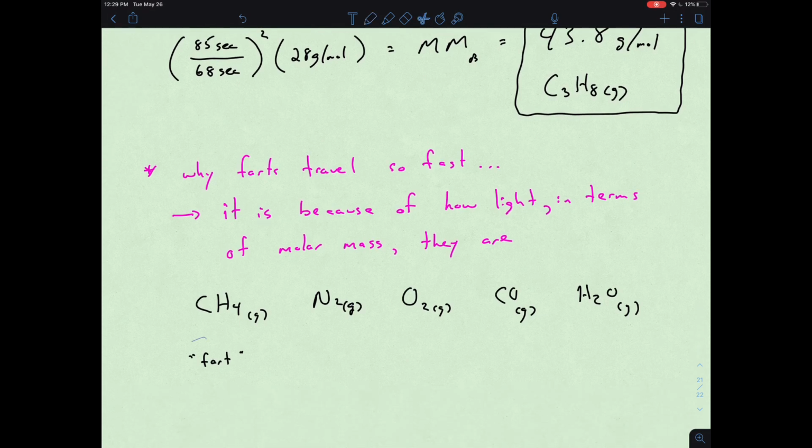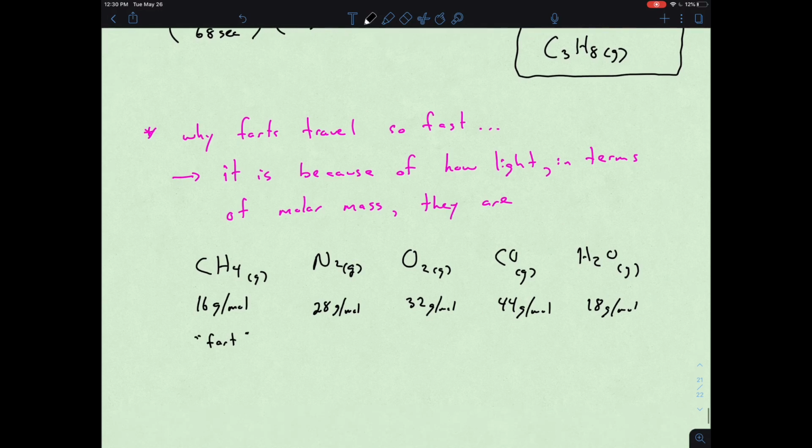And if we start to compare molar masses, we find that nitrogen is 28 grams per mole, oxygen 32, carbon dioxide 44, H2O 18, but CH4 is actually the lightest of the bunch.